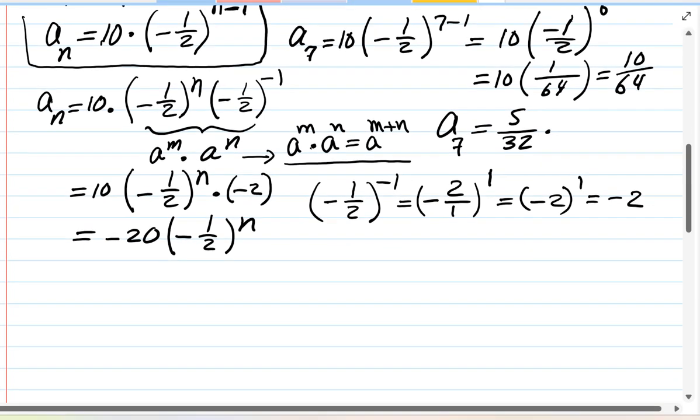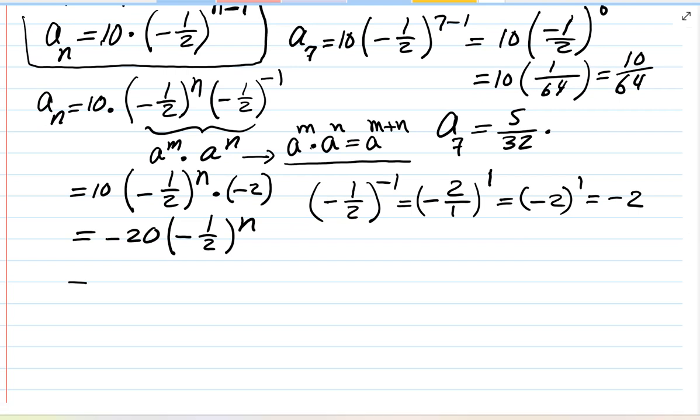See how I'm just really torturing this thing step by step. Now, the negative 1/2 to the n, by the way, I can write as negative 1 to the n times a half to the n. True? We can do that. We can split this into a product. And, of course, the negative here, I can work it in with this negative.